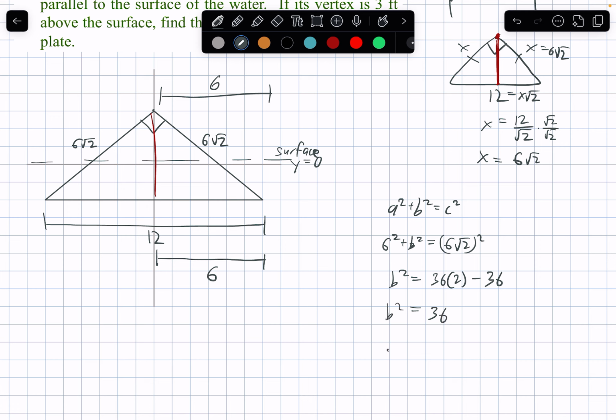So b squared is 36, b is equal to 6. Positive, negative 6 to be specific. But practically speaking, we disregard the negative value. There's no such thing as negative in this tangible world, if you get what I mean. Essentially, it has to be greater than 0. So this is 6.